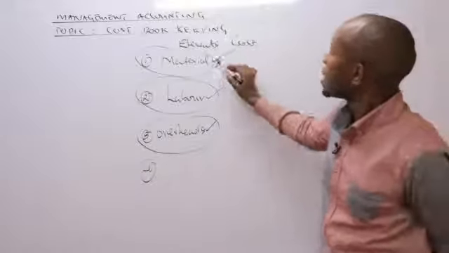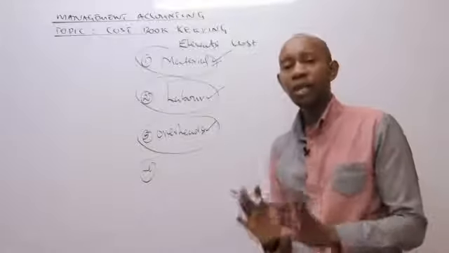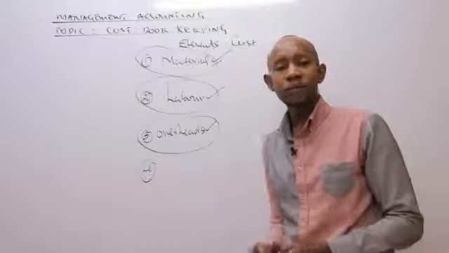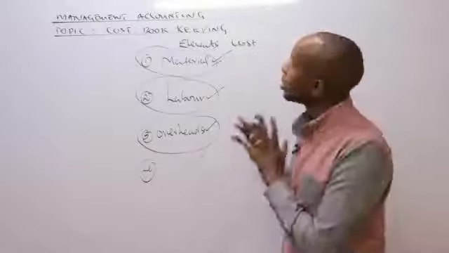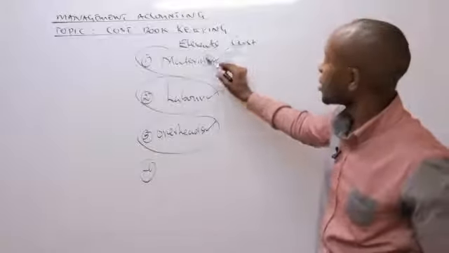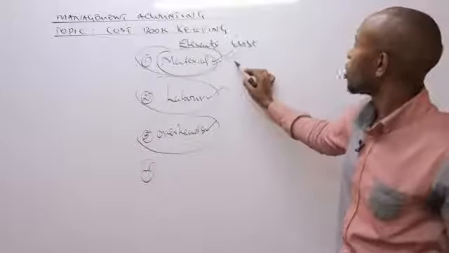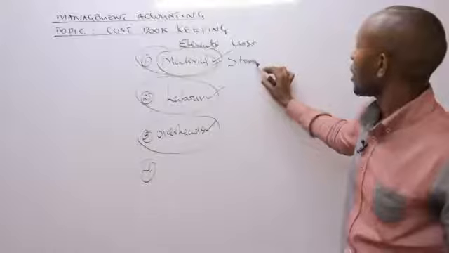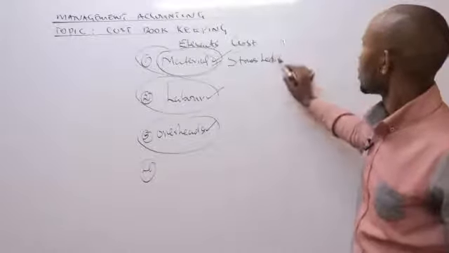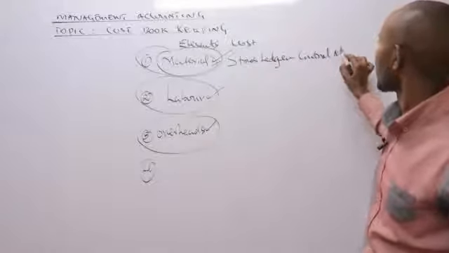Now, all transactions involving material, and follow me closely, this is what you need to know to answer any question on cost bookkeeping. All transactions involving material will be recorded in what we call a stores ledger control account.